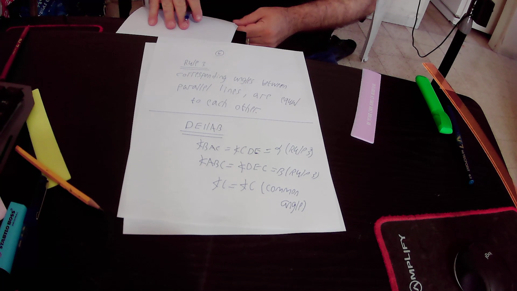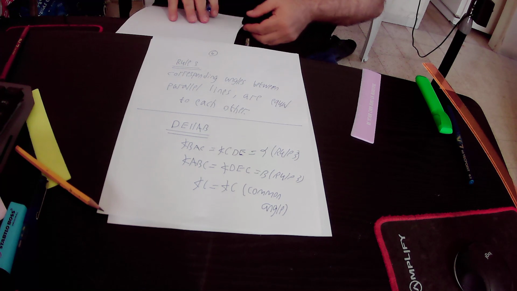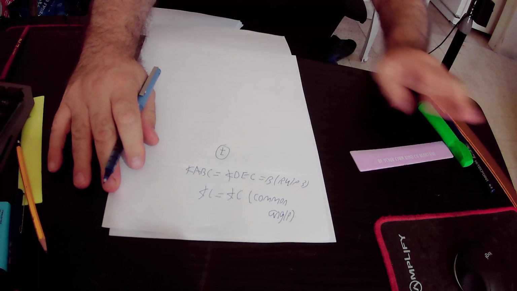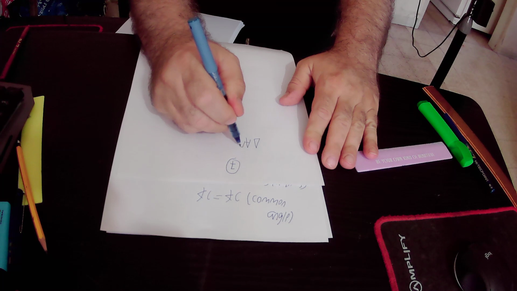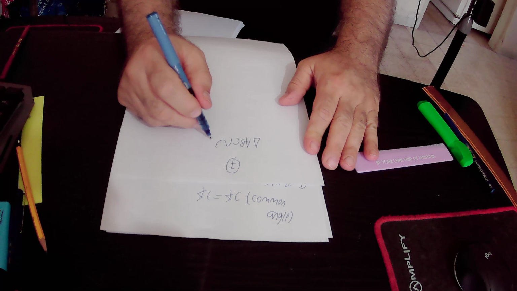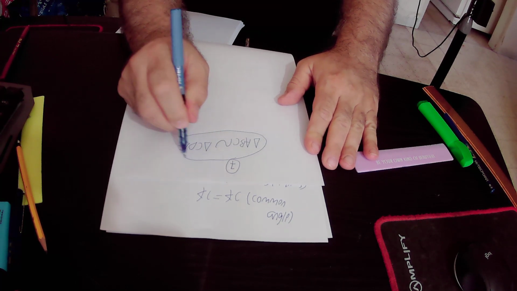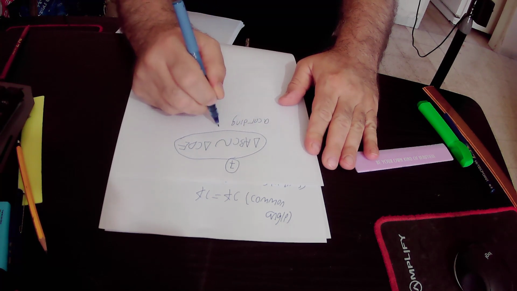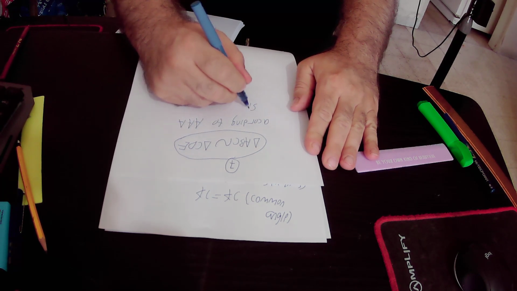Triangle ABC is similar to triangle CDE according to angle similarity rule.